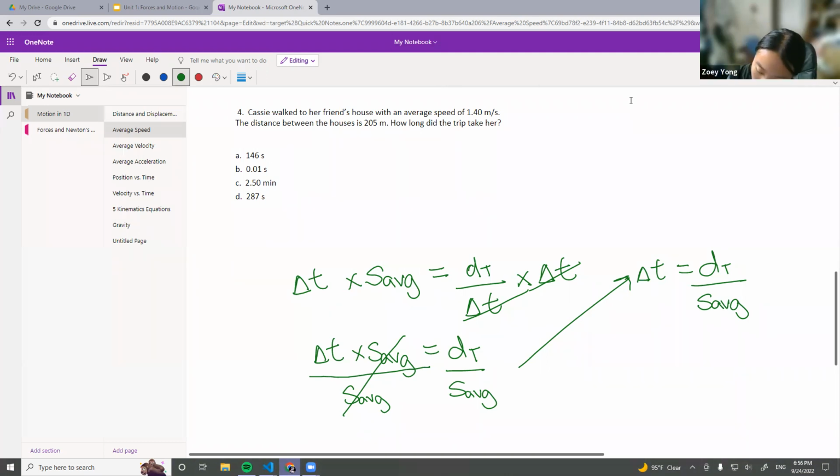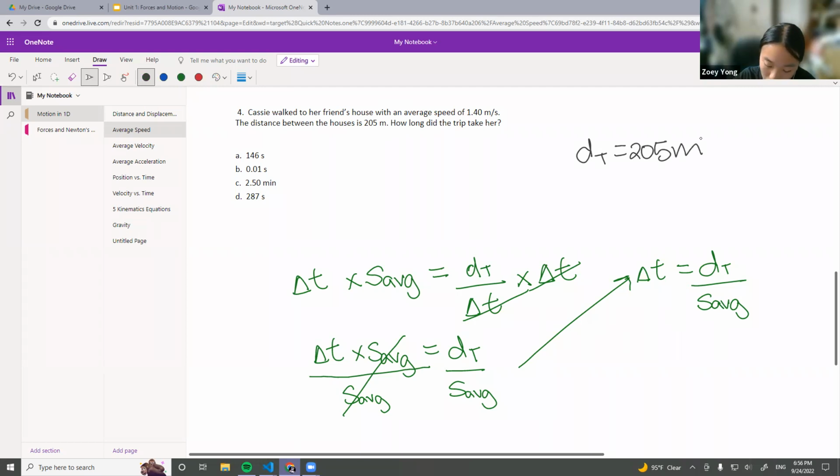Okay, so for this problem, all you had to do is just use this equation and plug in. So we have the distance traveled, it says here, is equal to 205 meters.